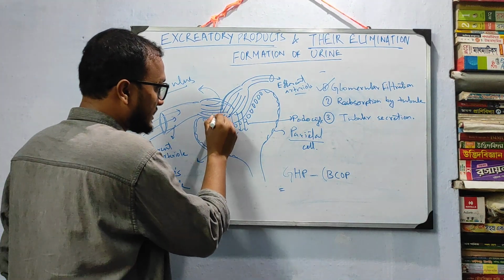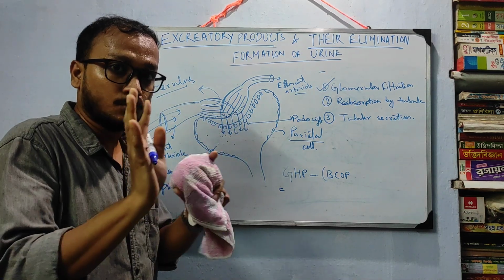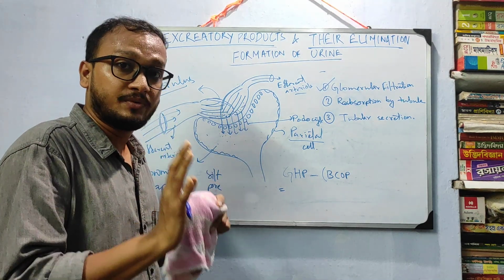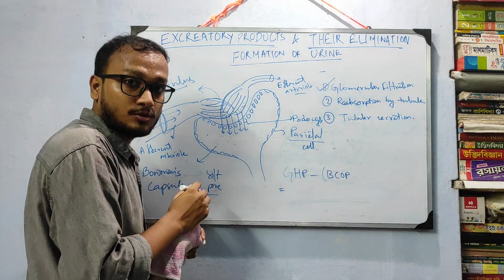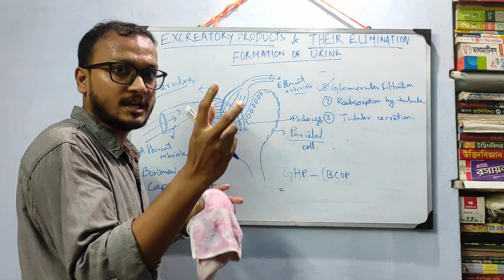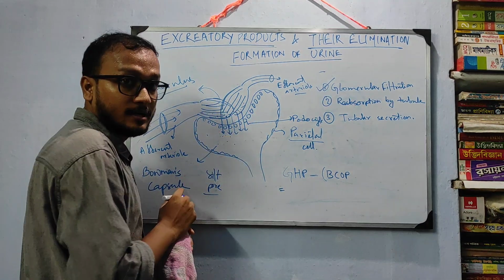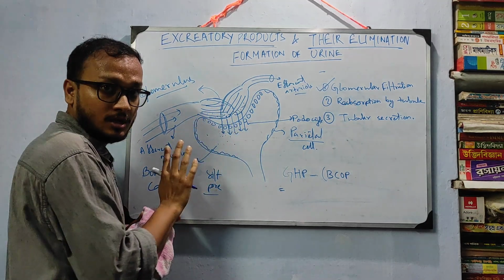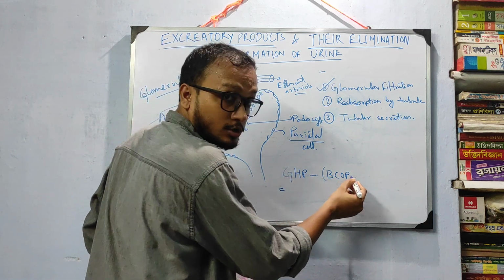That large protein present in this region will provide some osmotic pressure, and that will prevent the plasma or everything from entering into the capsule. It generates some pressure against it because they are large, and that's why some solutes can't enter the Bowman's capsule portion. So that is known as blood colloid osmotic pressure.